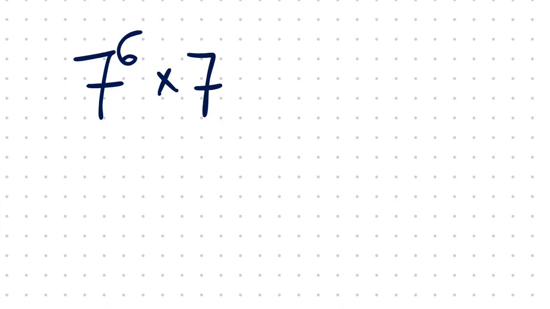As a summary, what we have learned today is, any number that we multiply, let's say 7 to the power of 6 multiplied by 7 to the power of 3, if they have the same base, we copy the base and we add the exponents. 6 plus 3 is equal to 9.